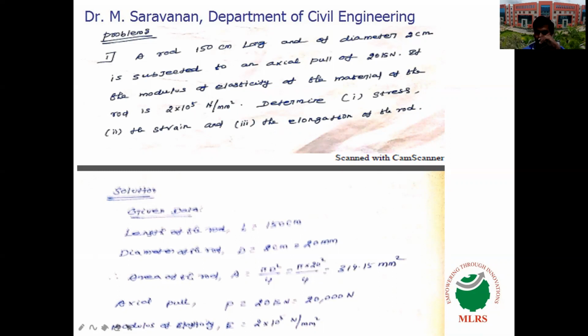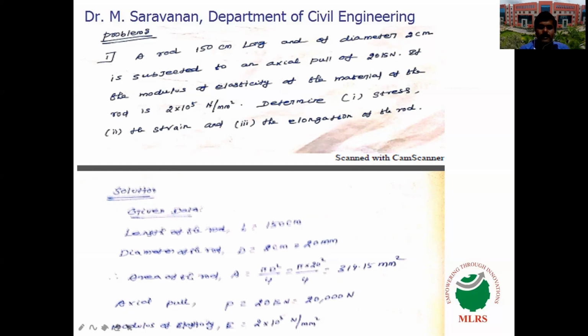The axial load given, P is equal to 20 kilonewton. You convert that into Newton, because generally we write the stress and all values in Newton per mm square. So 20 kilonewton, kilo means 10 power 3, 20 into 10 power 3, that is 20,000 Newton.